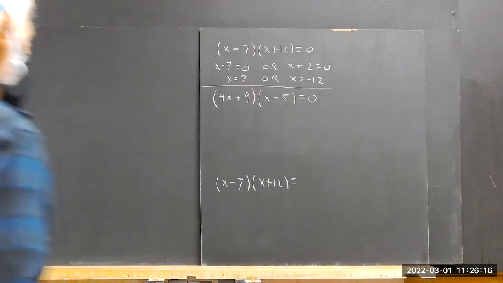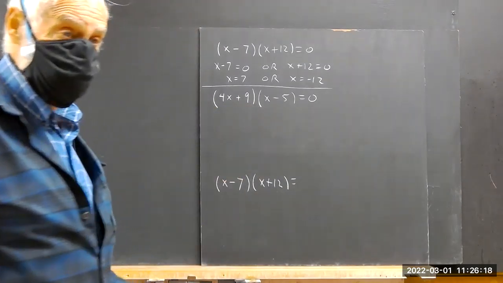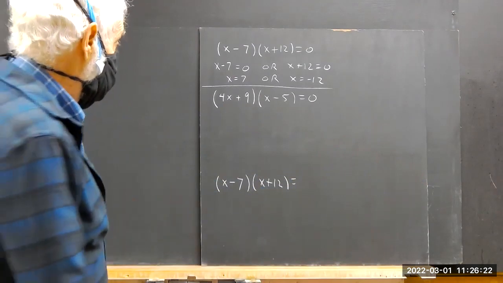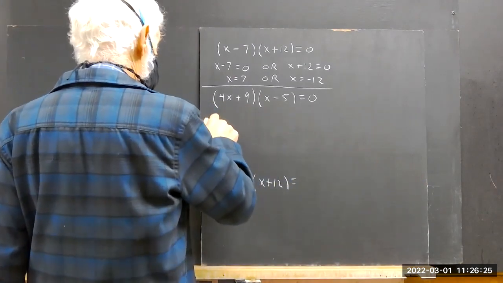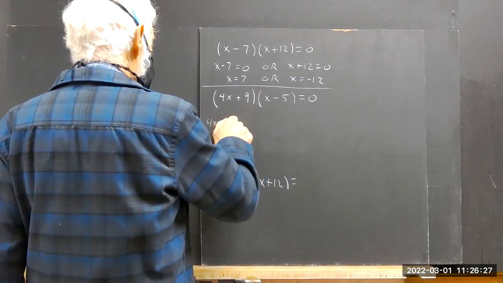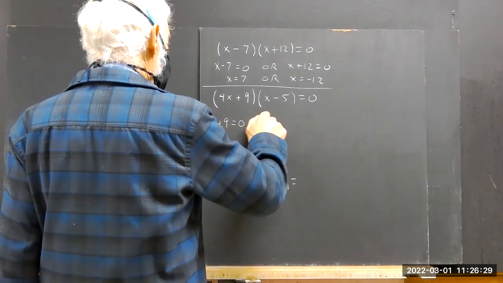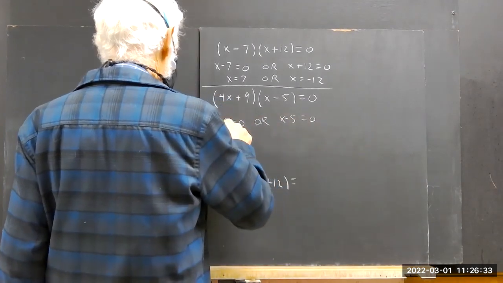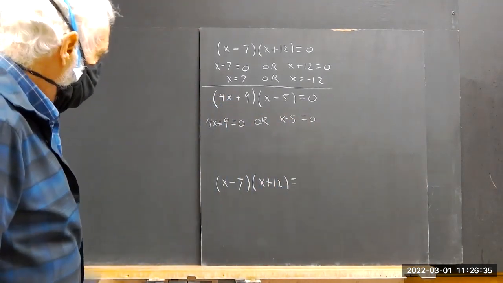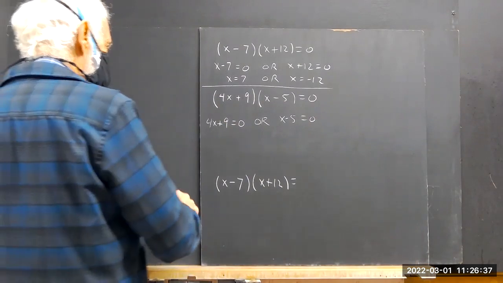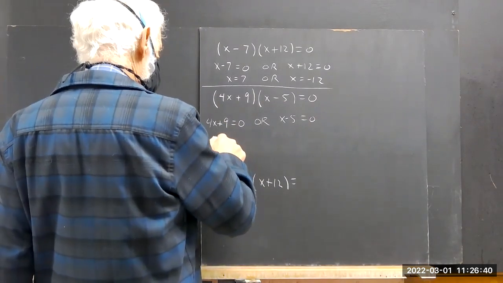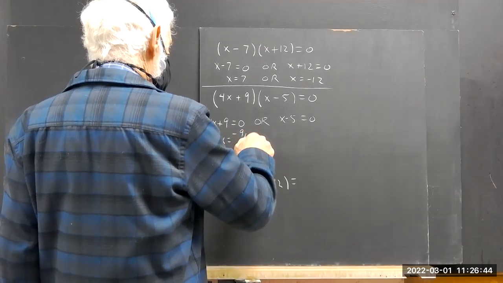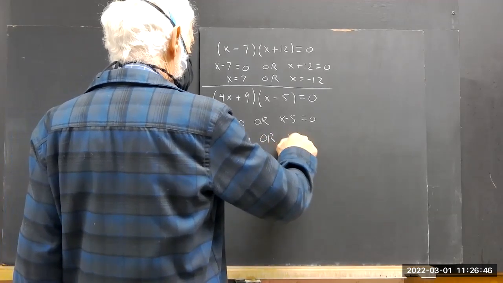Simple enough. Now, when you come down to this one, again, you use the zero property of multiplication, which tells you that this is 0 if 4x plus 9 equals 0, or x minus 5 equals 0. Well, you solve this, you're going to get x equals negative 9/4 or x equals 5.